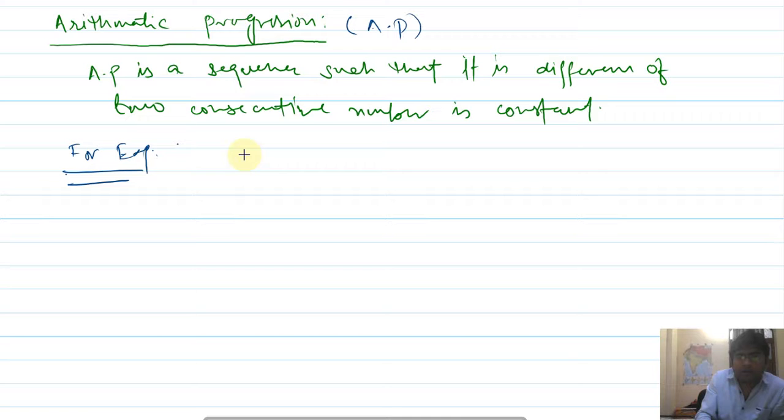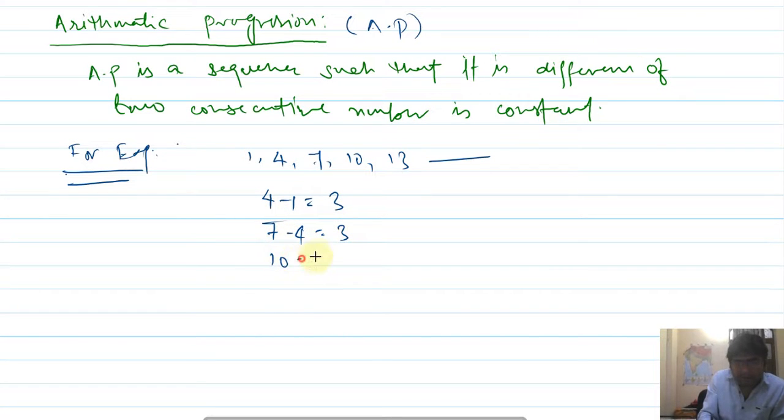Just like I write here 1, 4, 7, 10, 13. How can you determine whether this is an AP or not? You have to check the difference between two consecutive numbers. If I write 4 minus 1, you get 3. 7 minus 4, you get 3. 10 minus 7, you get 3.